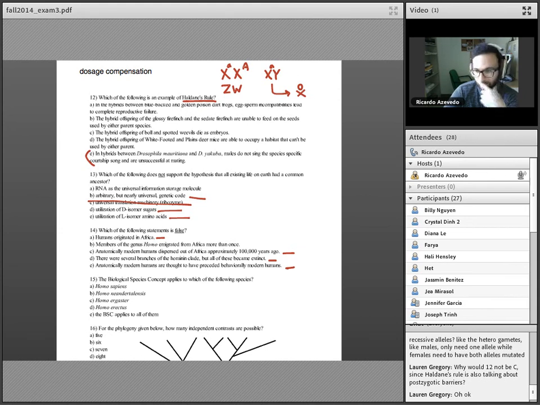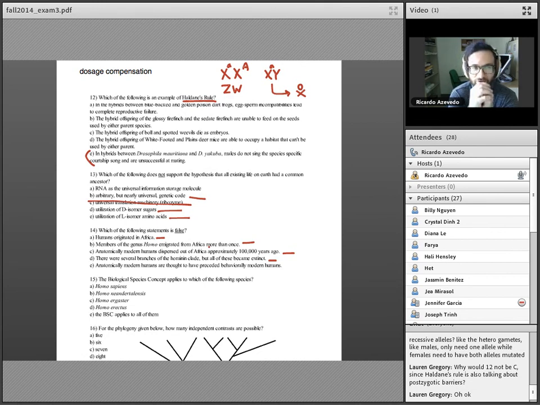Lawrence's concerning question 12. Why would 12 not be C, since Haldane's rule is also talking about post-zygotic barriers? C is hybrid sterility in boll and spotted weevil. In C, it's correct that it refers to post-zygotic barriers, as does E, but C doesn't specify whether males die or females die.